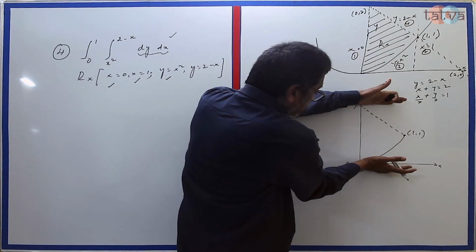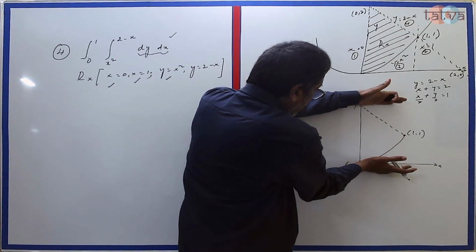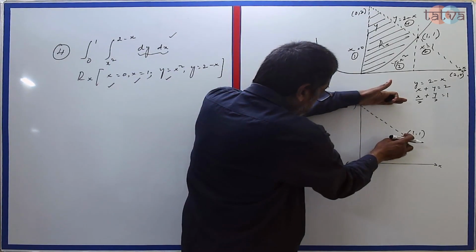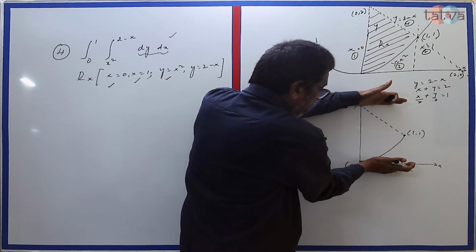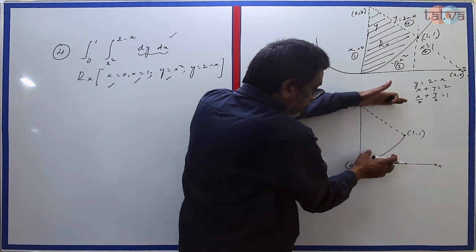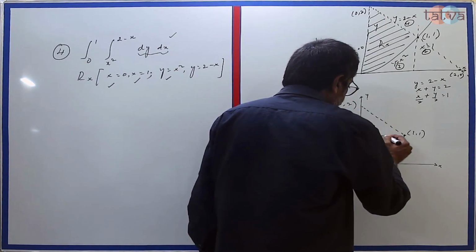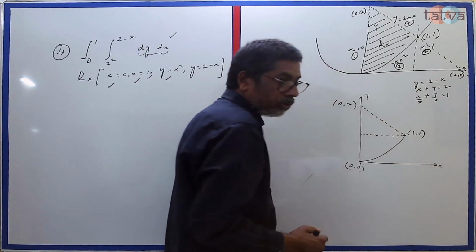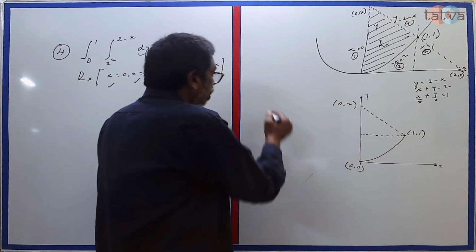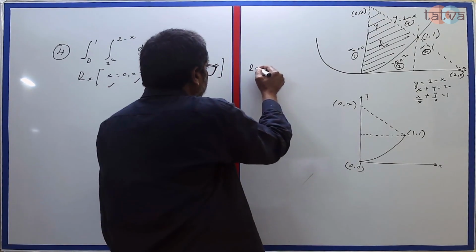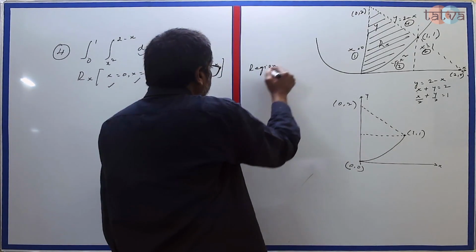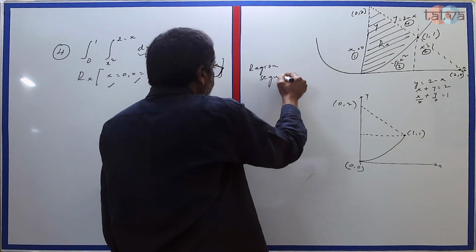When I do this, I find there is one point of intersection which is not allowing me to write this as a single Ry region. So I split the region here into two parts. So what I'm actually teaching in this problem is region segmentation.